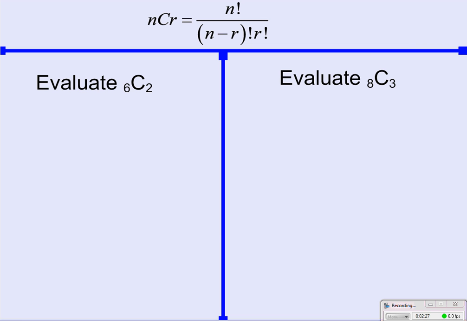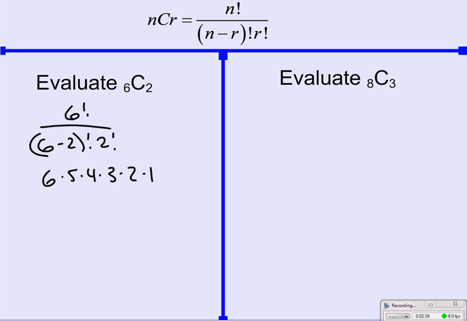So if I said 6 choose 2, that means I'm going to take 6 factorial over 6 minus 2 factorial times another 2 factorial. So that's 6, 5, 4, 3, 2, 1. On the bottom, I'm going to have 4, 3, 2, 1 times 2 times 1. A lot of times, if you're going to compare a combination to a permutation, the combination is going to be smaller because when I look at a grouping versus an arrangement, there's going to be far fewer groupings.